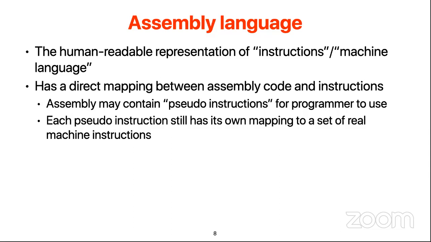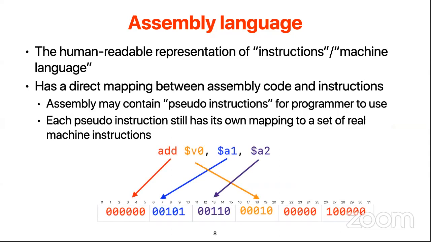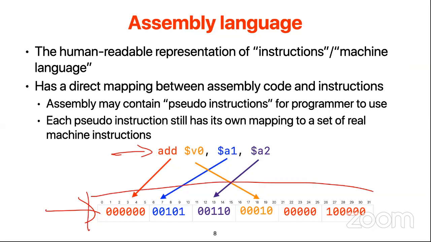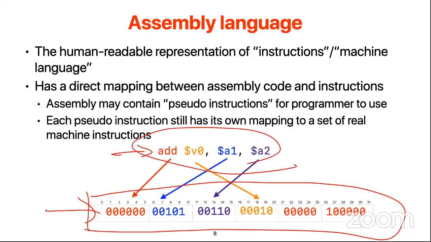It's just because assembly language has a direct mapping to machine code instructions. So usually when we write an instruction, you should imagine that we meant to say this thing. We just want you to easily understand that this stuff represents this stuff, but it doesn't mean the assembly language is something the processor can directly accept.